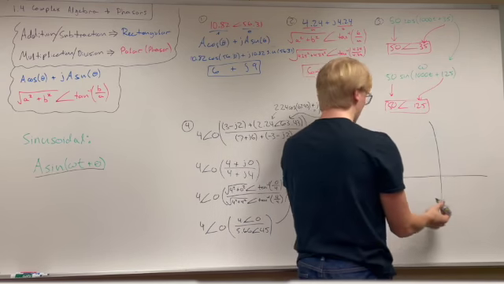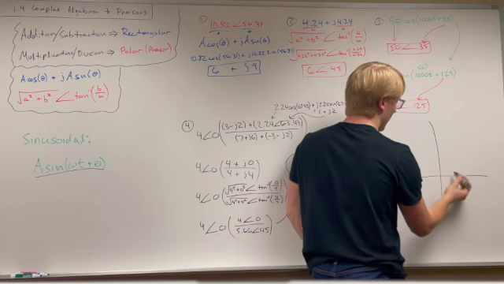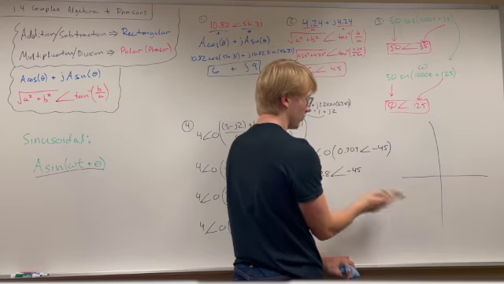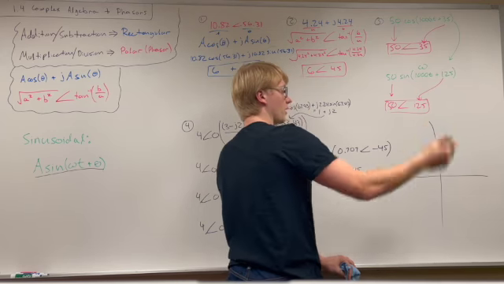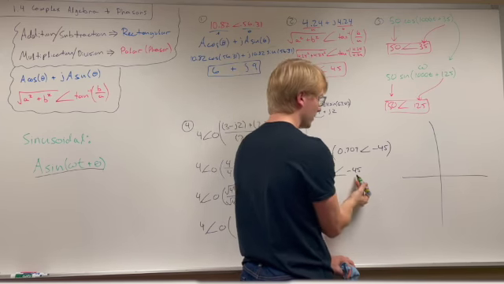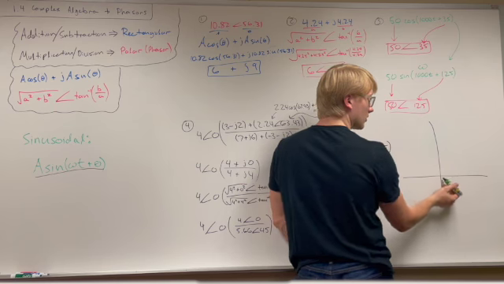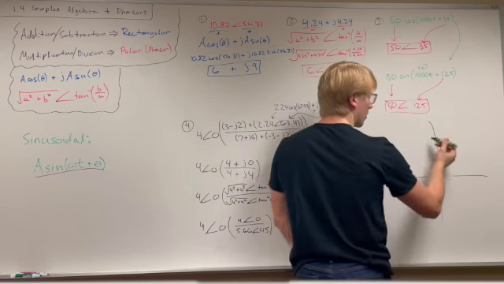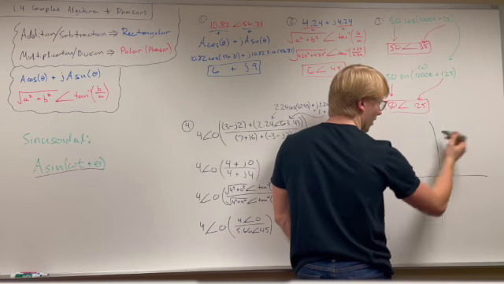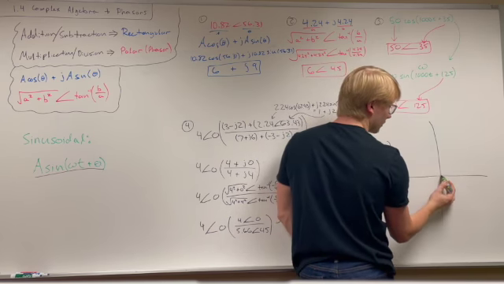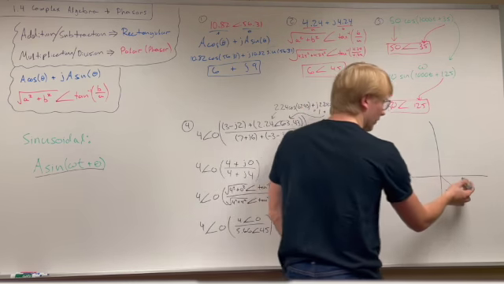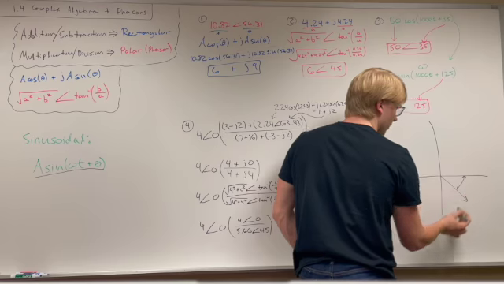The magnitude is how long this line is, whatever line we have, and the degree is where it's located. Since it's negative, instead of starting from the positive x-axis and going counterclockwise, we're going to go clockwise. We're going to go backwards 45 degrees. And so our line is right here. Negative 45 degrees.